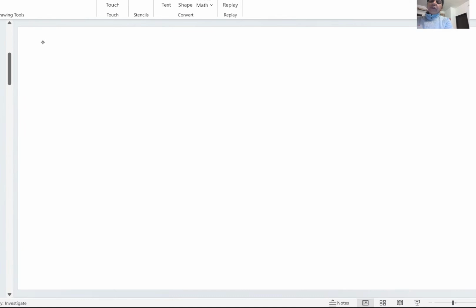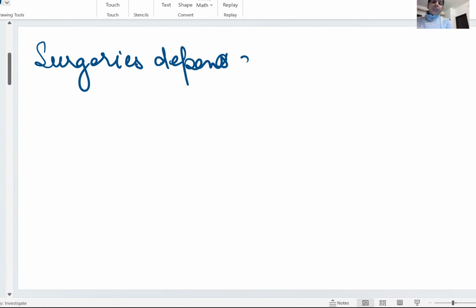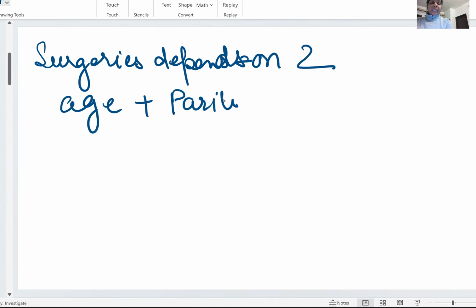First of all, surgery depends on 2 things: the age and the parity. You all know if we remove the uterus, the patient will go into menopause. So we have to decide according to the age and the parity, and whether the patient wants the uterus or not.